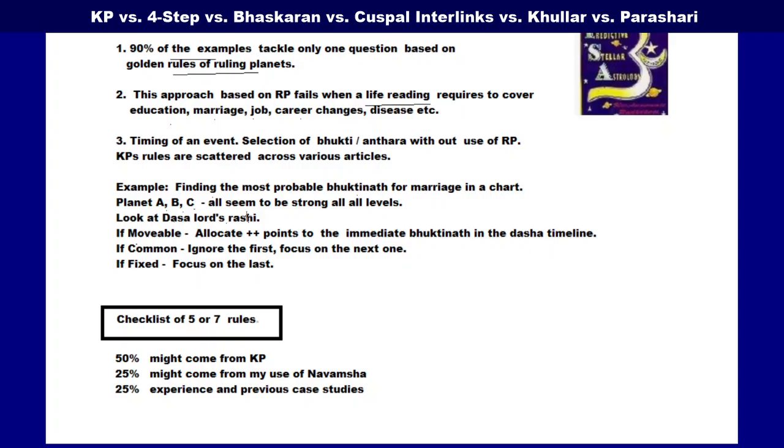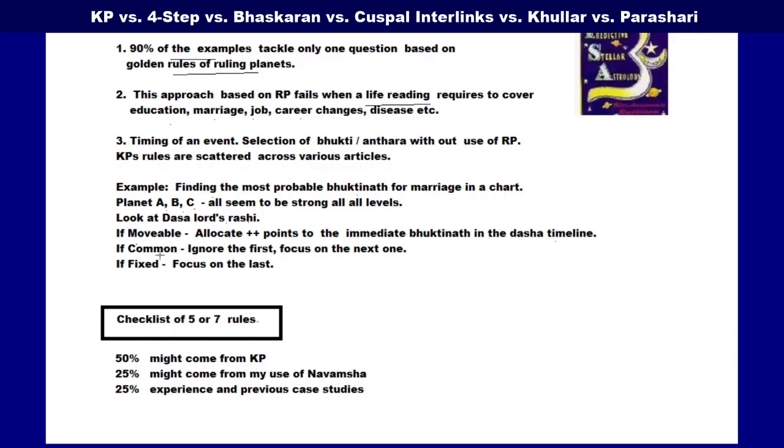If you have, let's say, three significators for the marriage, and you have to identify which Bhuktinath would eventually give the marriage, then if the Dasha Lord's Rashi is movable, the immediate Bhuktinath which appears in the Dasha line is something you should consider, because movable means that things are going to happen very fast.